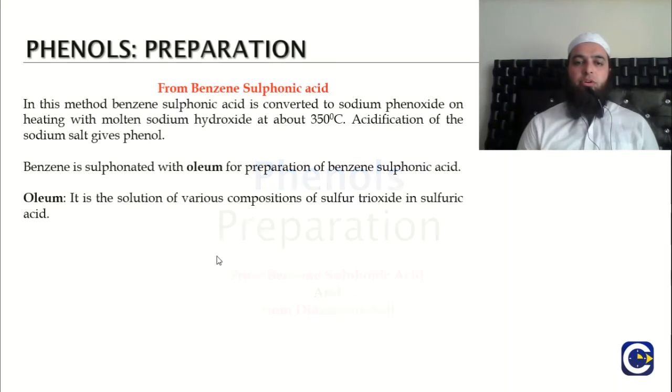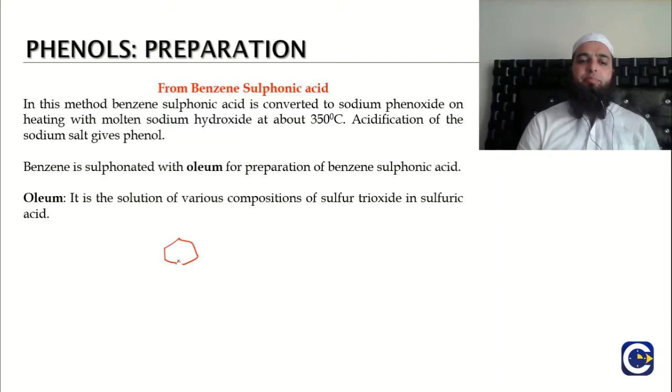If we talk about the preparation of phenols from benzene sulfonic acid, in this method we first convert the benzene into the sulfonic acid. That is done by reacting benzene with oleum. Oleum is nothing but a combination of H2SO4, sulfuric acid, and sulfur trioxide.